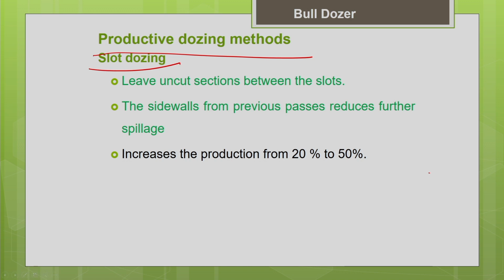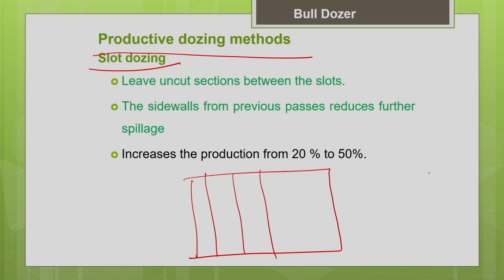So, how do we carry out slot dozing? You divide the area where you are going to do the dozing operation into many parallel cuts. If you have a larger area, it is easy to implement this method. Divide your area into parallel cuts and let the bulldozer move through alternate cuts first.